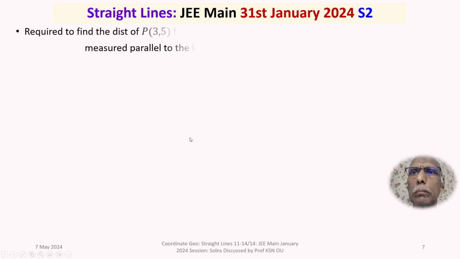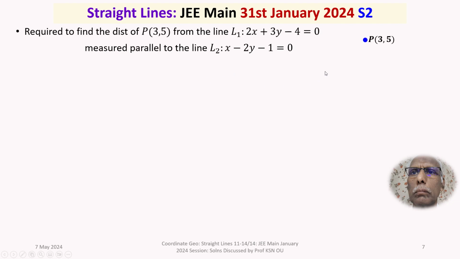So this is what we have done so far. This is P with the coordinates (3, 5). This is L1, 2x + 3y - 4 = 0. We are required to find the distance of this point P from this line L1 parallel to the line L2. So this is L2, and parallel to it you have to find.